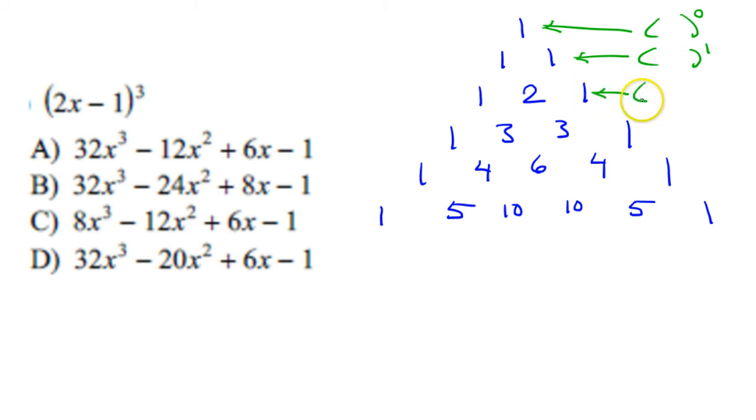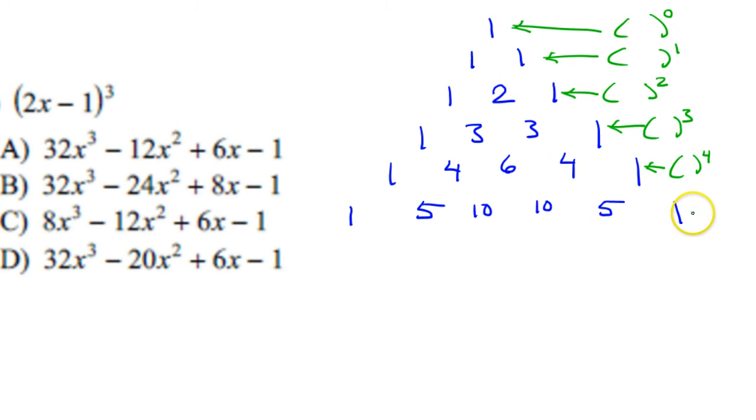The third row is for the second power. This row will be for problems that are to the third power, and this will be for the fourth power. And this last row will be for the fifth power.